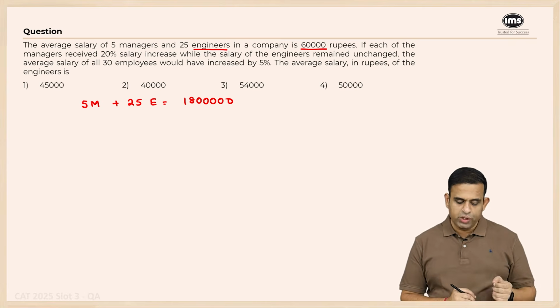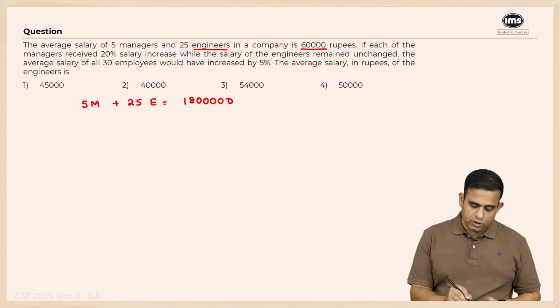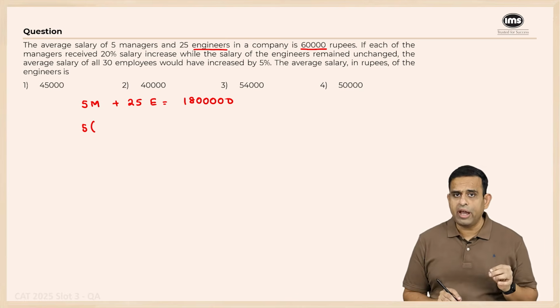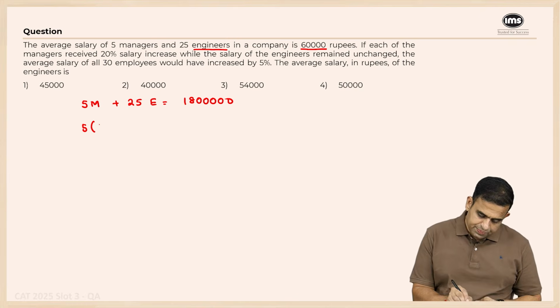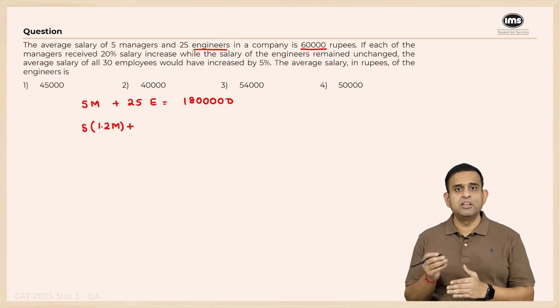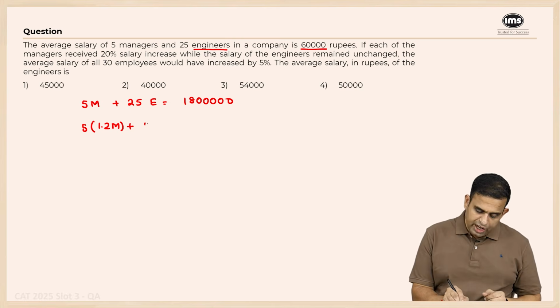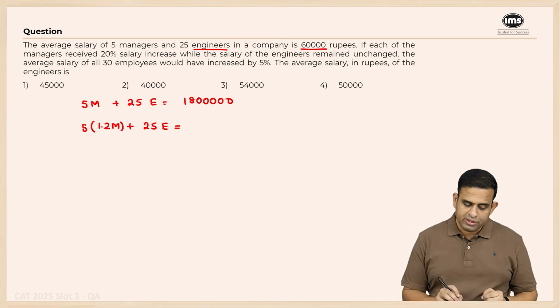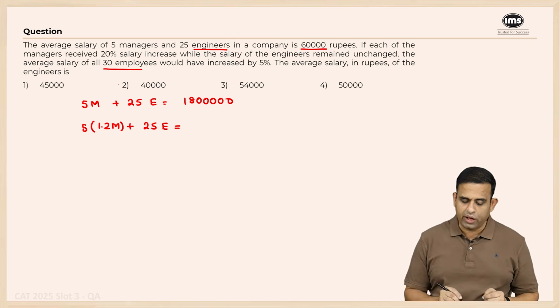Now what they have told you: each manager received a 20% salary increase. So we have 5 people, and the salary of each of them will increase by 20%, from M to 1.2 M. The salary of the engineers remains the same, so they still receive E per person and we have 25 of them, so 25 into E. And this time it's an increase of 5% for all the 30 employees.